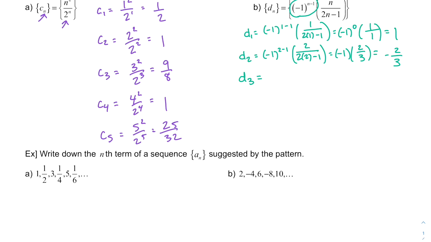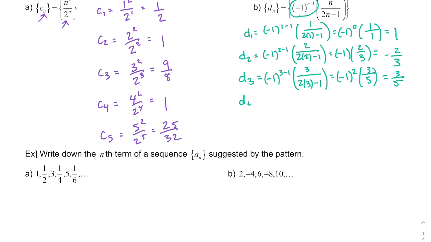Now let's go ahead and find the third term, d sub 3. So then we replace n with 3, so -1 to the 3 minus 1 power times 3 over 2 times 3 minus 1. So -1 to the 3 minus 1 will be -1 squared. That's going to give us a positive term times 3 over 5. So the third term is +3/5.